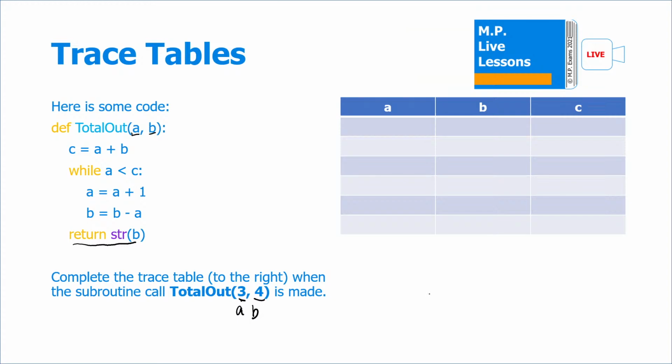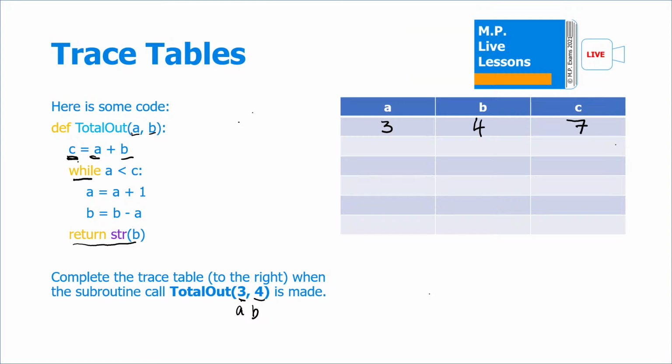So that's our first few values already. A starts as 3 and B is 4. Then when we run this, we have a local variable C, and that's assigned the value of A plus the value of B. So 3 plus 4, the values of A and B respectively, gives us 7.